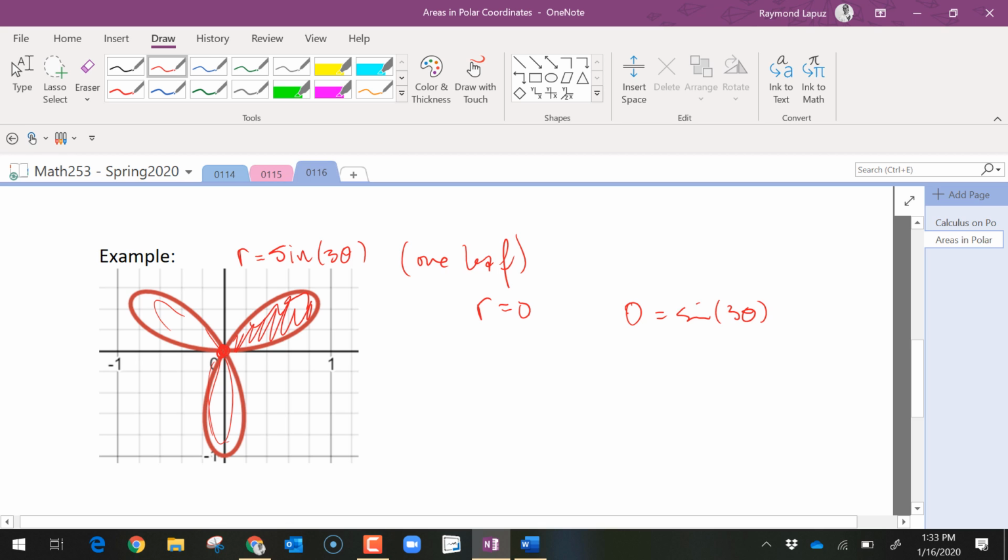Now, I know you guys really enjoyed trigonometry and solving for these things. So we get to use it now. Yay. Okay, so the sine of an angle is equal to 0 when 3 theta is equal to 0. It's also equal to 0 at what's the first time? The sine goes up, and when does it come back down? At pi.